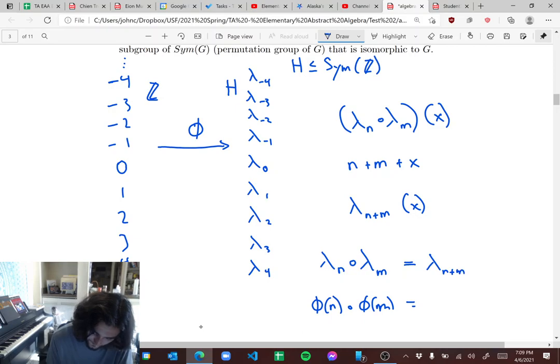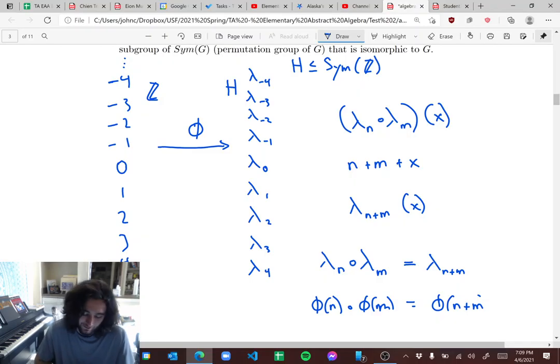So that's phi of n plus m. So the point is, yes, indeed, phi is a homomorphism, and it's not hard to show that it's also an isomorphism. And again, we don't need to get into it. It was part of number 2.